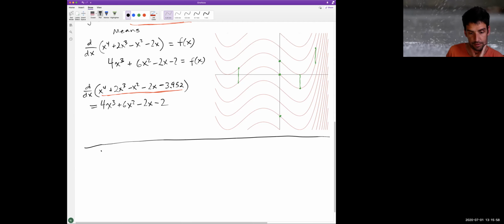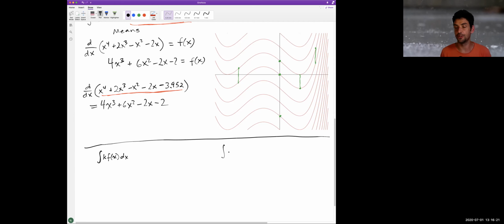Suppose I want to take the antiderivative of a constant k times a function f of x, right? Well, suppose I knew an antiderivative. Let's do some work over here on the side.